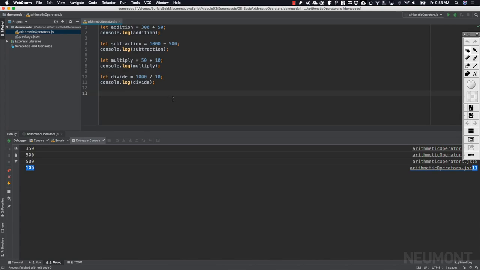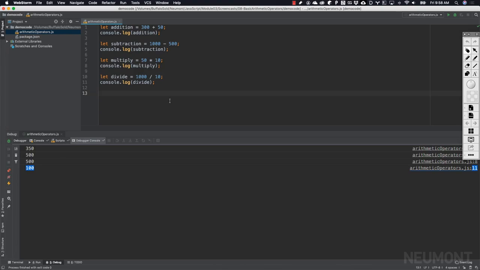All right, let's talk about the remainder operator. A lot of times you will hear people refer to the percent sign as the modulo or the modulus operator. That term comes from a different type of math called modular math.